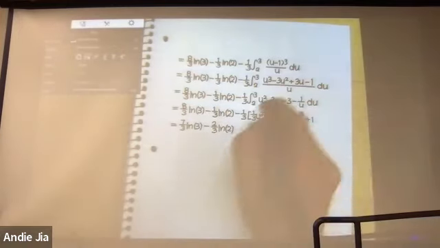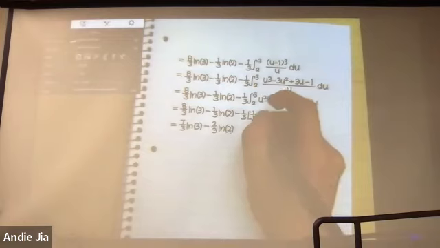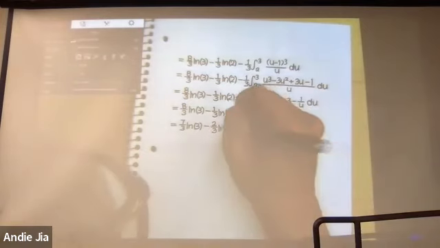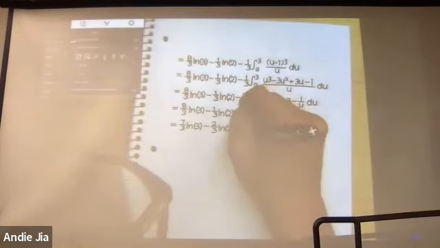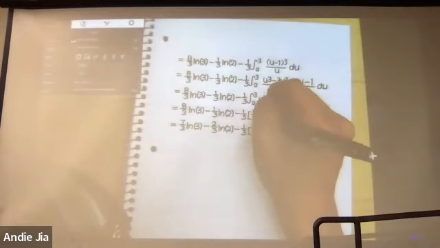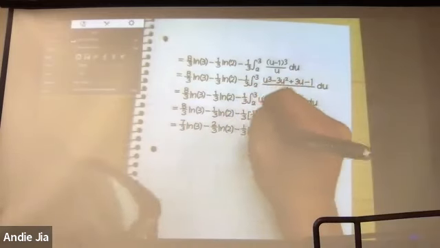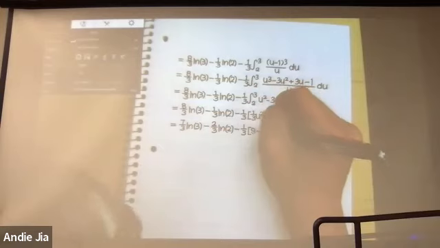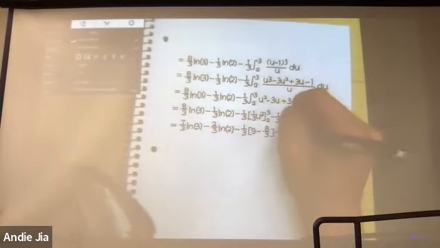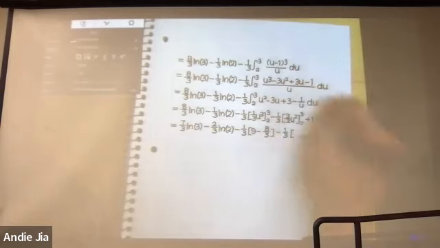And then we combine the constants: 9 minus 8 over 3 minus 1 over 3, and so on.